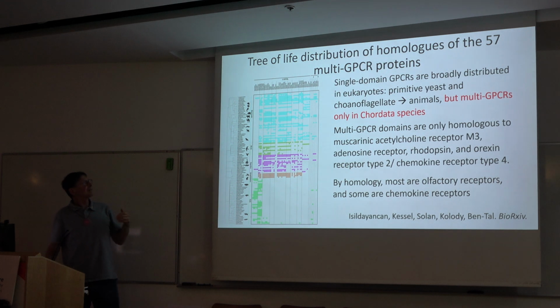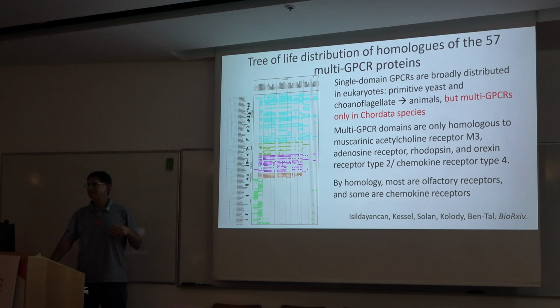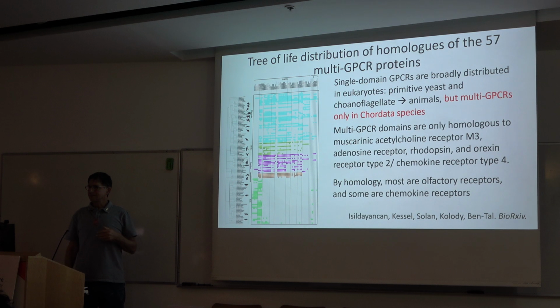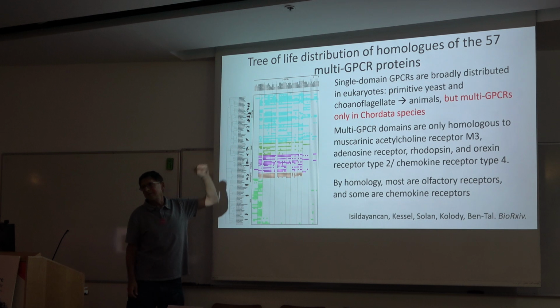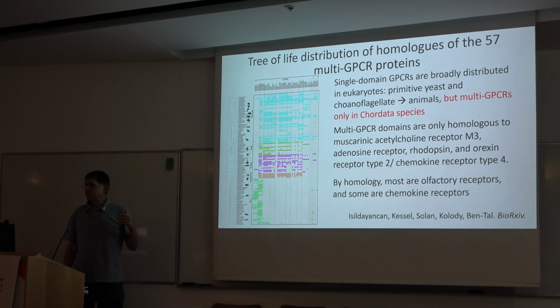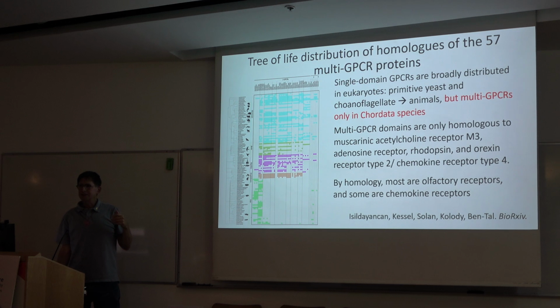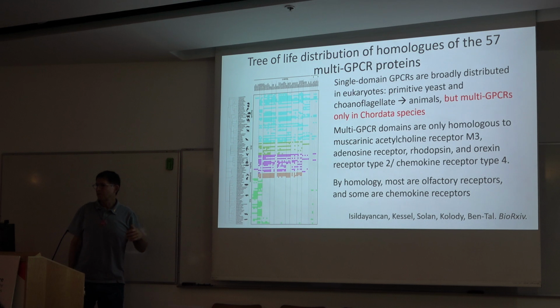Okay. So the next thing we did was just to map them into various genomes. You can see here that on the x-axis are the 57 putative multi-GPCRs that we predicted, and on the y-axis are the species. And in general, GPCRs are present throughout the eukaryotes, from primitive yeast and so forth.